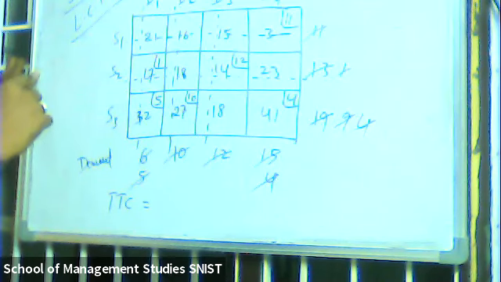Now, where are the allocations which we got?